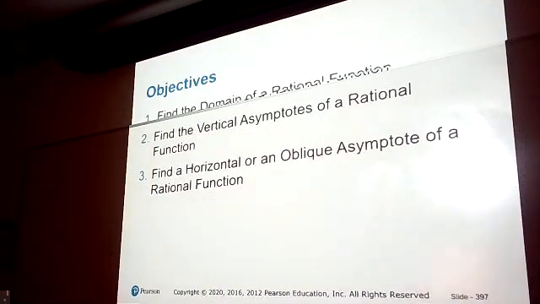The range of rational functions can be all real numbers or a limited portion, either going from some number to positive infinity, or negative infinity up to some number. But there won't be a gap. It'll be one of those three.